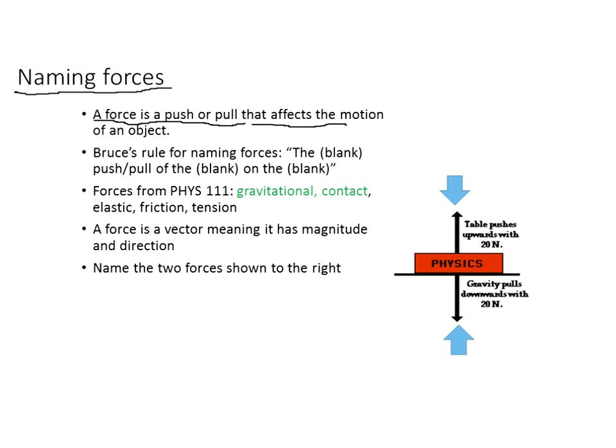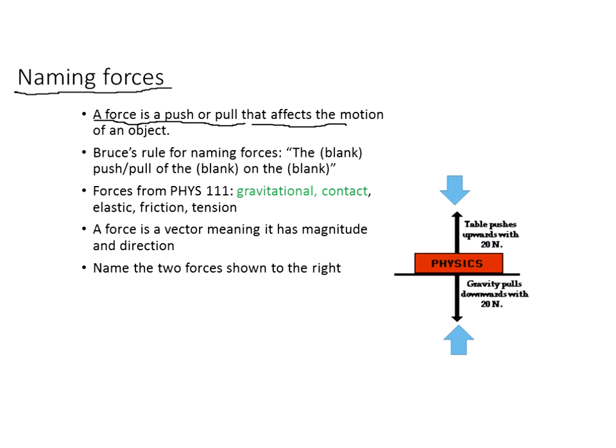So here's an example of a physics book on a table, two forces acting on it. The Earth is pulling it down, the table's pushing it up. So neither one of these forces, you'd think, are making it move because it's not moving.